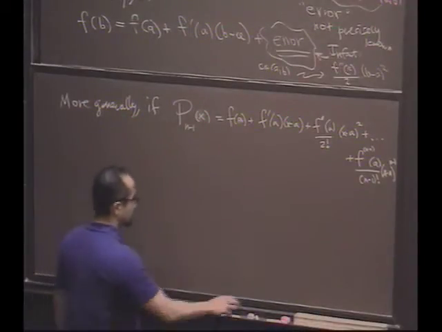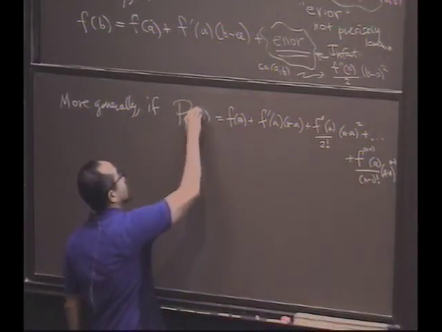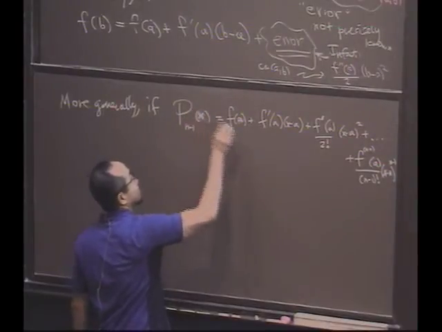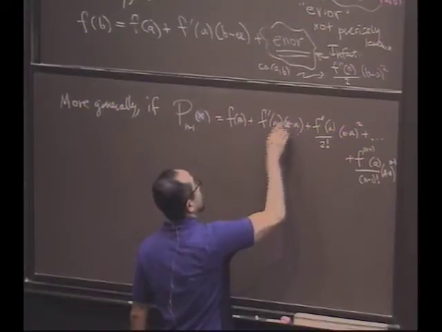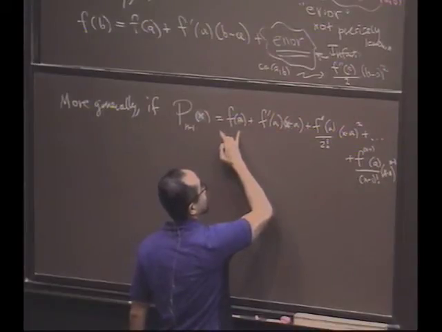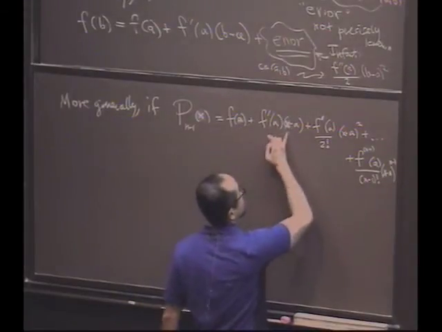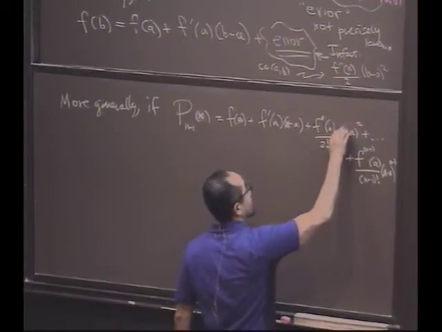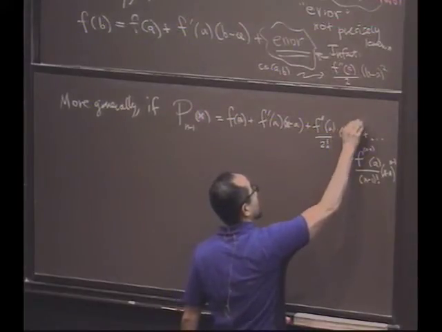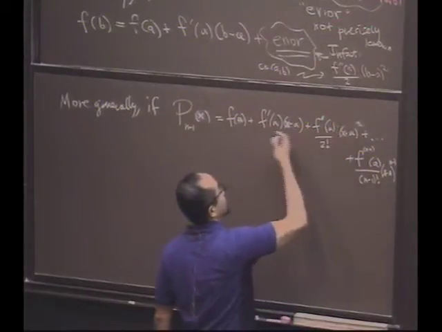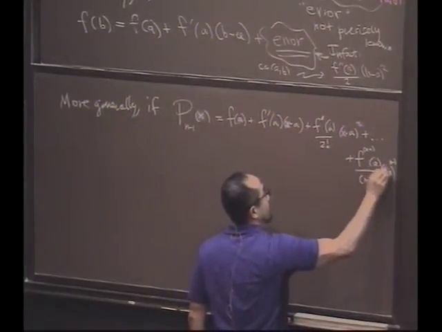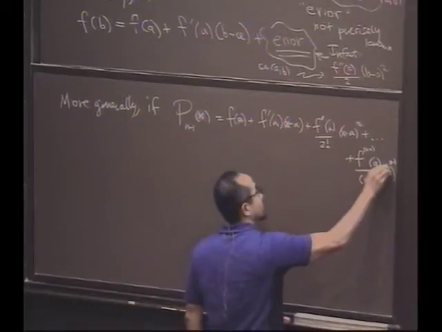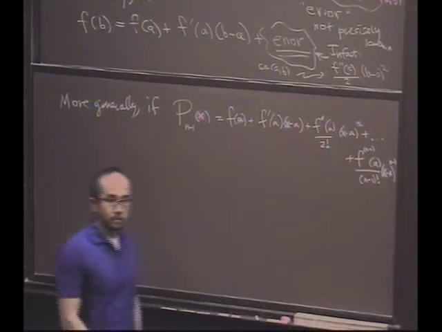Okay, so here's what I want you to notice. Where do the x's appear here? There's an x here. There's nothing in this term, so it's constant with respect to x. There's an x here. What's in here? An x squared. And there's some x's floating around here. So the point here is, you see you have a polynomial in x. Okay?